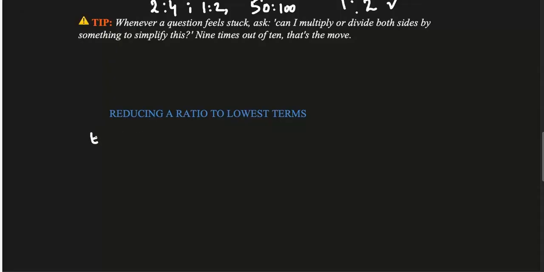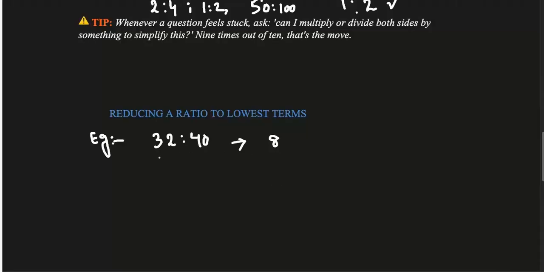How to reduce a fraction? You know it very well. We have done it earlier also. For example, 32 is to 40 is the ratio given. What is the highest common factor? It is 8, because 32 and 40 are both divisible by 8.